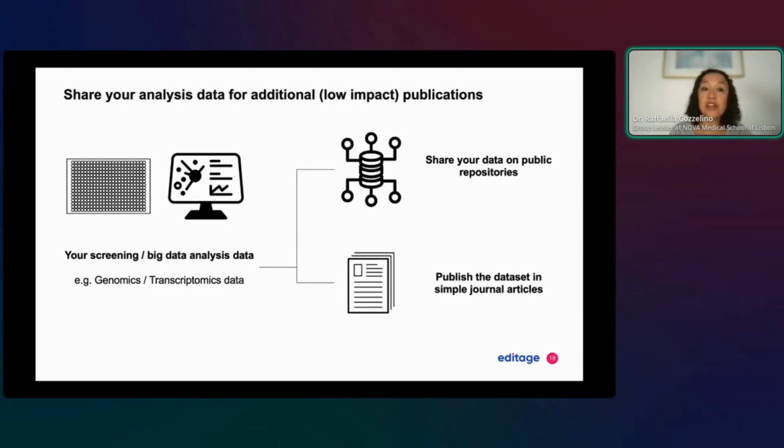So you share your analysis data for even sometimes additional and here low impact publication, in the sense that if you screen your data and you get them analyzed like genomics or transcriptomic data or other omics data, then you might share it on a public repository, but you can also publish the data set in the specific journals that are at your disposal to do that.